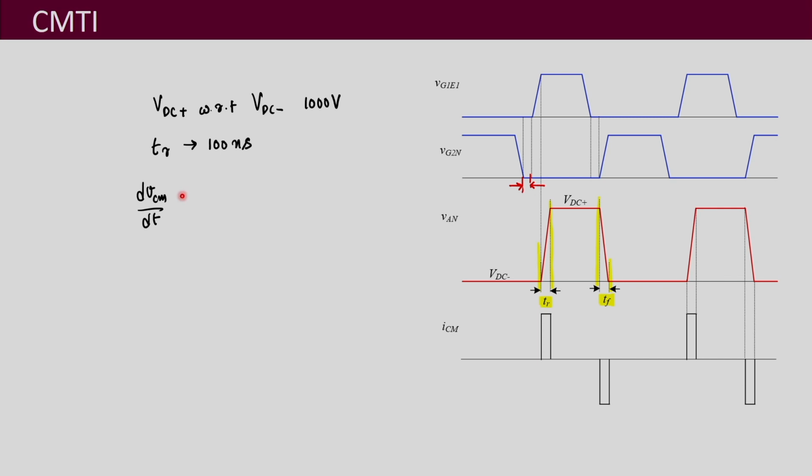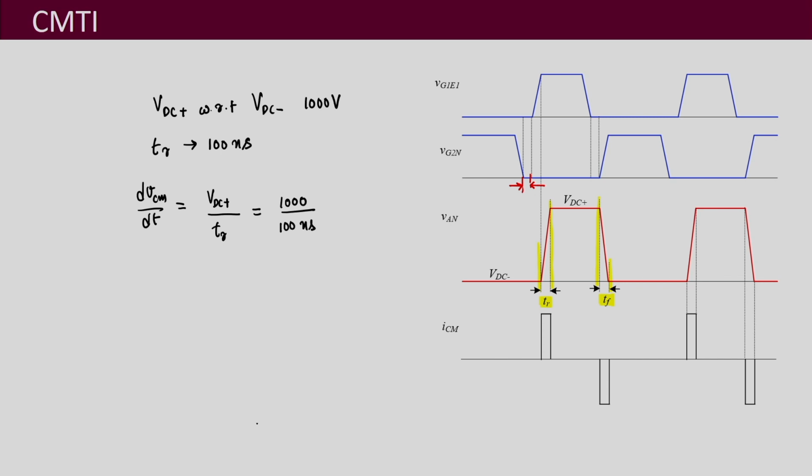So here this will then become equal to your VDC plus by your TR. So that is going to be equal to 1000 by 100 nanoseconds.